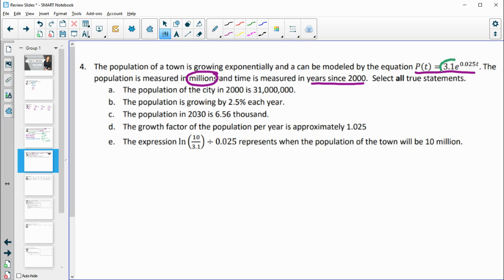So we see that we have 3.1 here. So this is actually 3.1 million, which is 3,100,000, not 31 million. So A would be false. The population is growing by 2.5% each year.